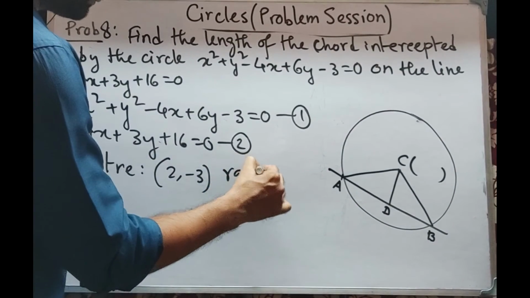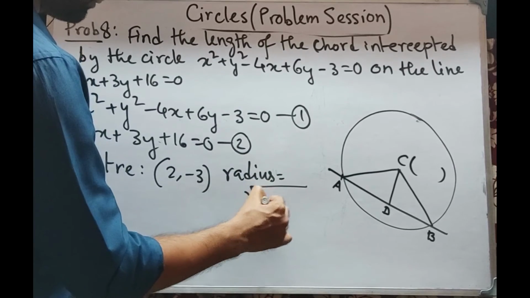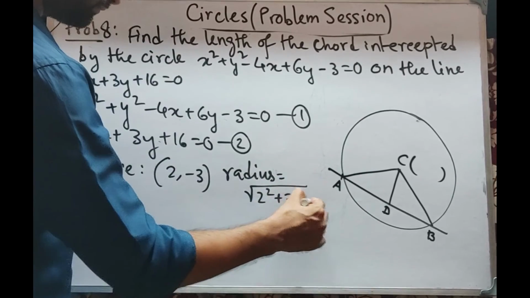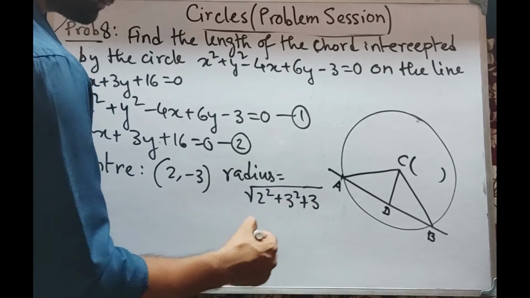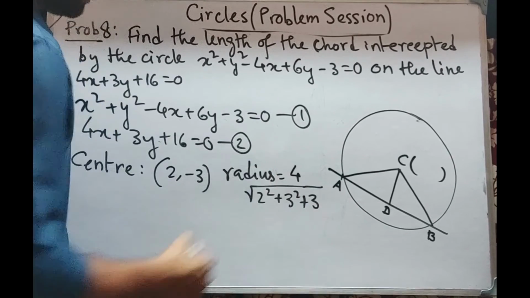The radius is equal to root over of 2 square plus 3 square minus 3 square plus 3. That means 4.